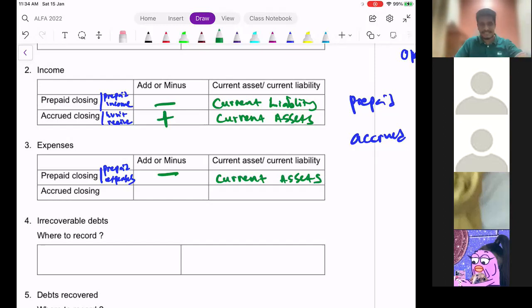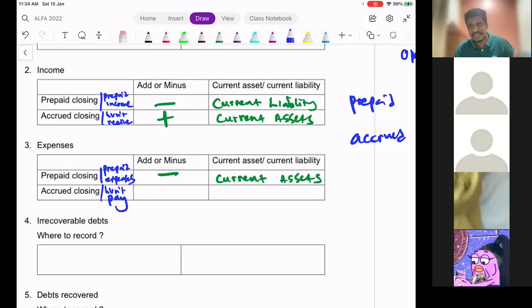Accrued closing expenses means you haven't paid. You're supposed to pay, but you haven't paid. Maybe you don't have enough money or you don't have time to pay. I don't know why, but accrued means you haven't paid. Since you haven't paid, they haven't recorded.